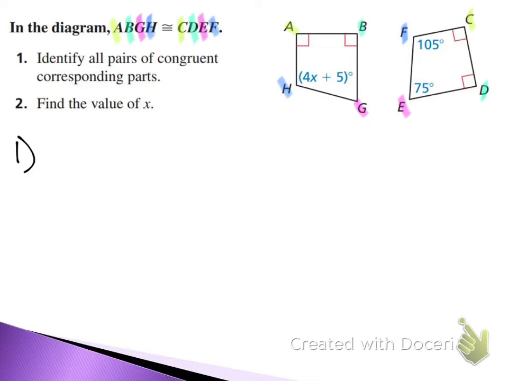The first part says identify all pairs of congruent corresponding parts. This means we're going to name which things are congruent. So starting with angle A, because I'm just going to read the statement.